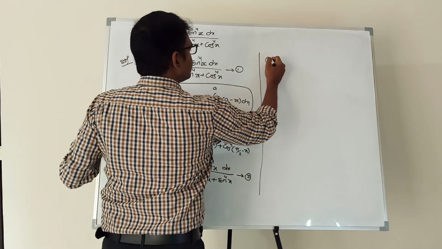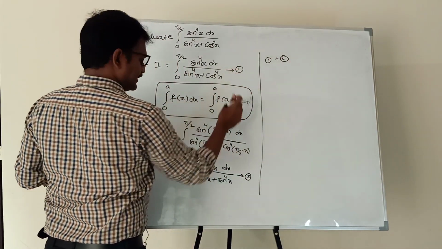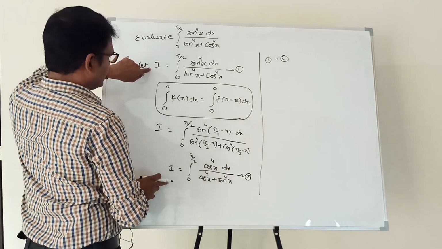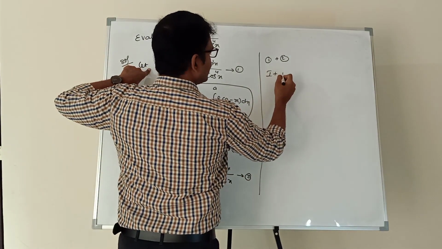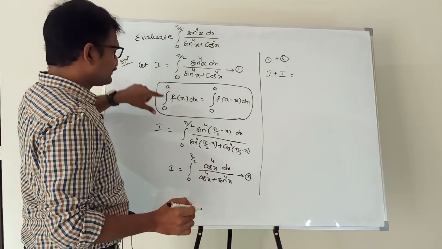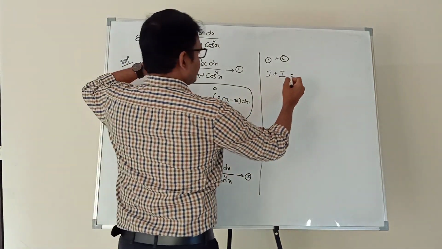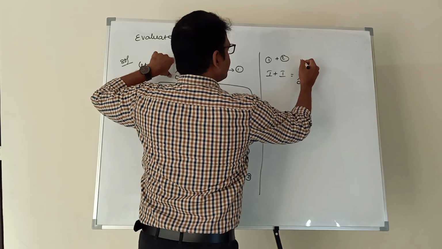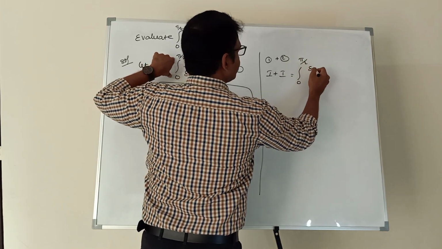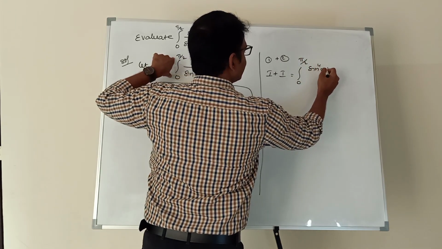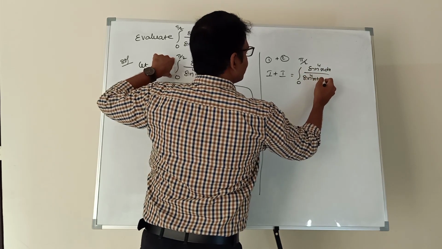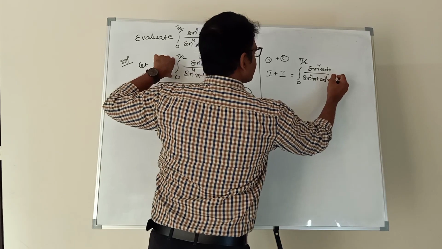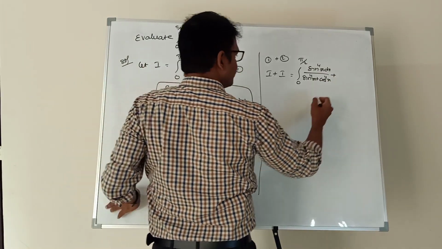Now 1 plus 2, adding 1 and 2. What is 1? I is equal to. What is 2? I is equal to. That means on the left hand side you have 2 I's, I plus I is equal to. What is equation number 1? The integral from 0 to pi by 2 of sin^4 x dx by sin^4 x plus cos^4 x, plus what is equation number 2?